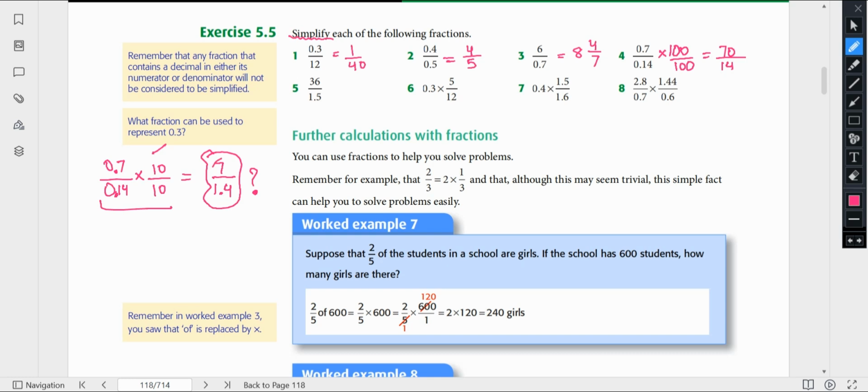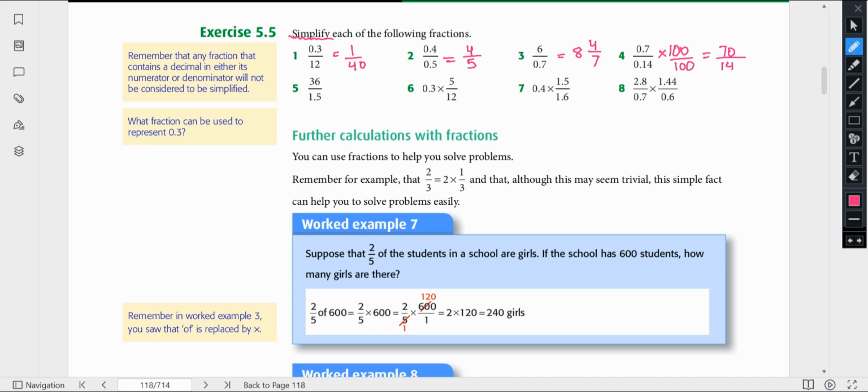Yes, we removed it from the numerator, but denominator से हमने remove नहीं किया. For that we have to multiply again by 10 and 10, and it will become 70 over 14, which is the same answer as this one. But this one we got from just 100. So that's why we skipped 2 steps and went for the 1 step.